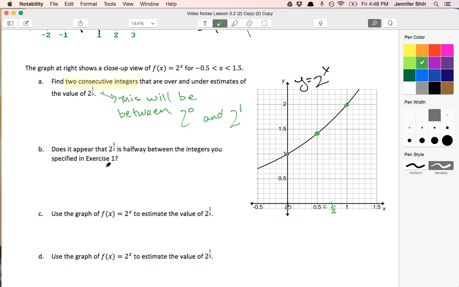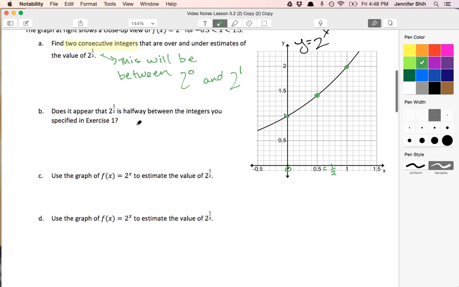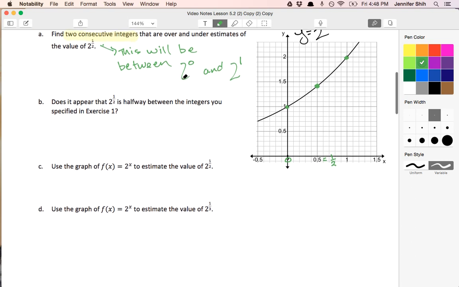Does it appear that 2^(1/2) is halfway between the integers you specified in exercise 1? Well, 2^0 is equal to 1, and 2^1 is equal to 2. In the middle is 1.5.